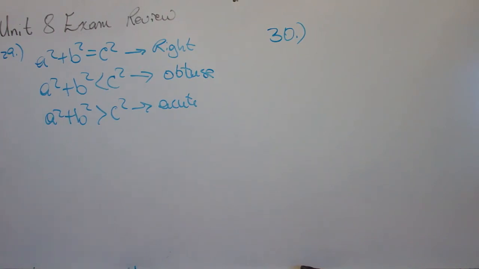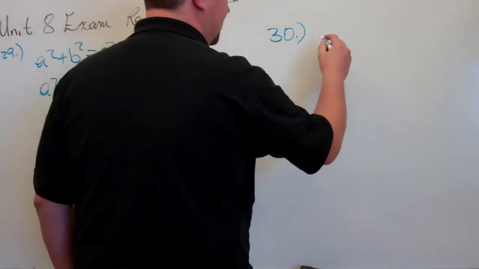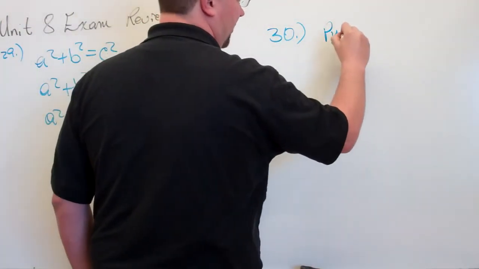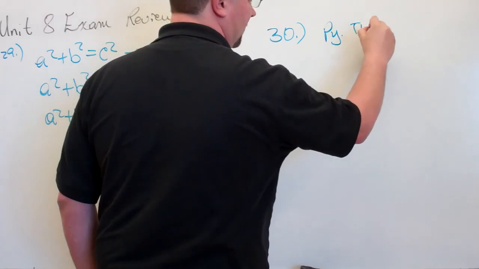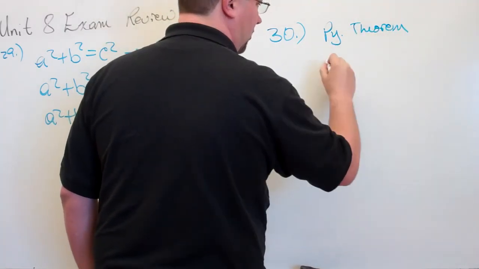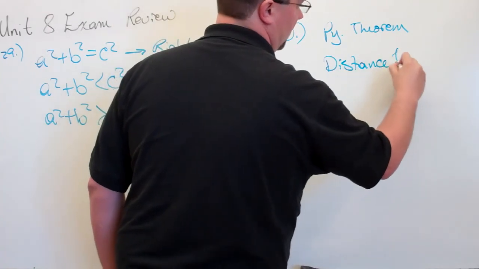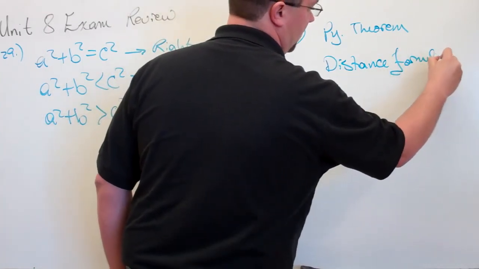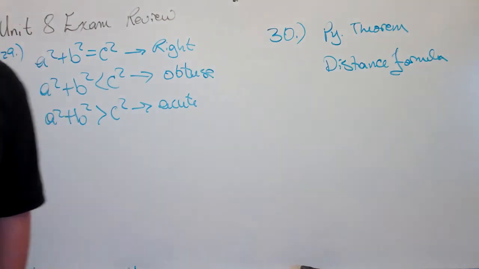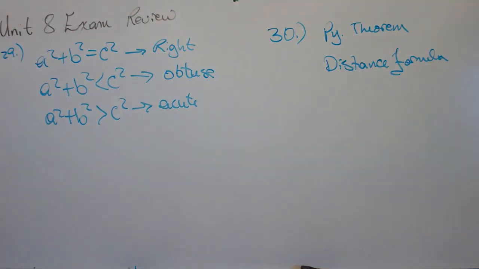Well, you use distance formula. So the two ways are, you can use Pythagorean Theorem, or you can use the distance formula. Those are your two mathematical ways to find the length or the magnitude of a vector.